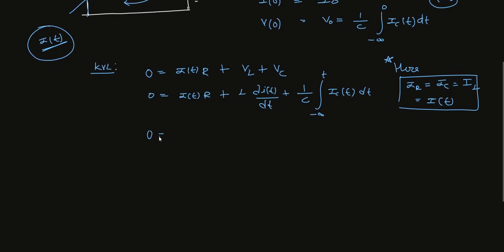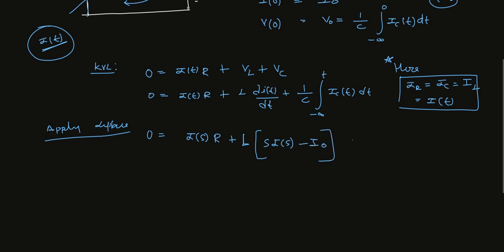Now let's apply the Laplace transform on both sides. That gives 0 equal to I of s into R, plus L, which is constant, times the Laplace of the derivative, s into I of s minus the initial current in the inductor, I naught.